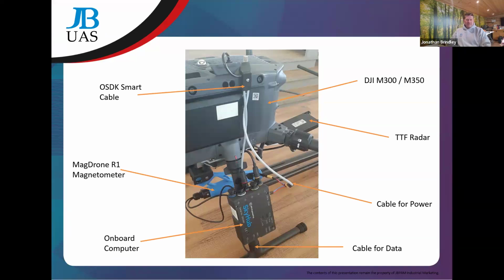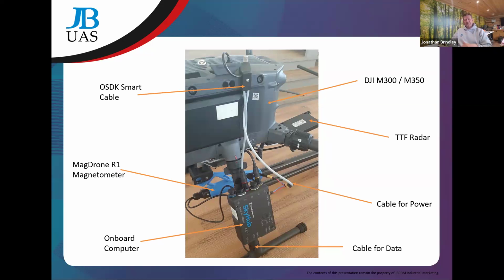Let's have a look at how things come together on the drone. This is an M300, and you can see that we've got the TTF radar at the front that fits into the gimbal mount. We've got the SkyHub, or onboard computer as it's known, and we'll go into that in a little more detail in a minute. We've got the MagDrone R1 situated below, which we attach via a heavy payload attachment, and we have an OSDK smart cable which sends the data from the M300 into the SkyHub, with data being transferred between them.